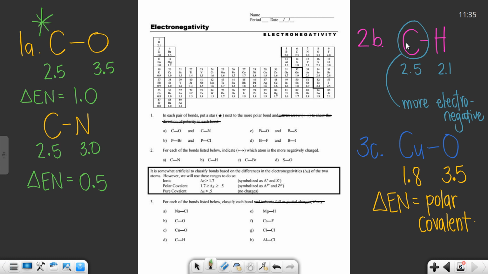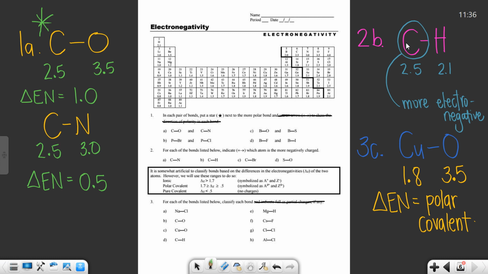Just to give you a refresher from the previous slide, if it is nonpolar, then it has a difference in electronegativity that's less than 0.5. All right, so it can be 0.4, 0.3, 0.2, 0.1, even 0. You will not have negative numbers. Remember, it's always big number minus little number.